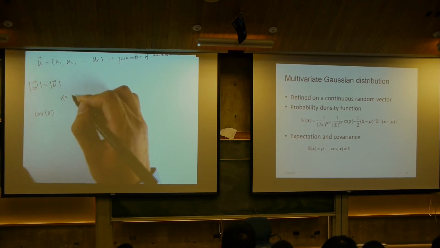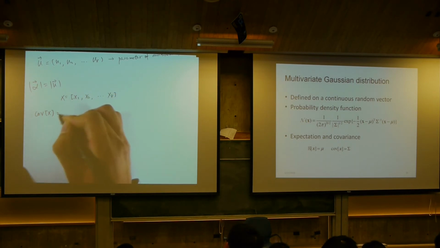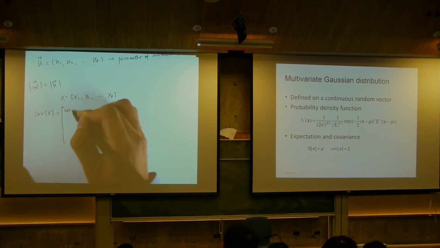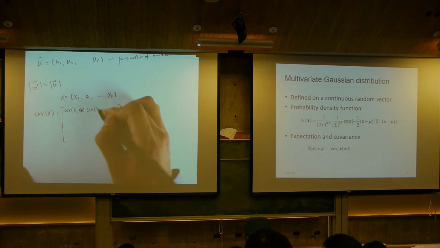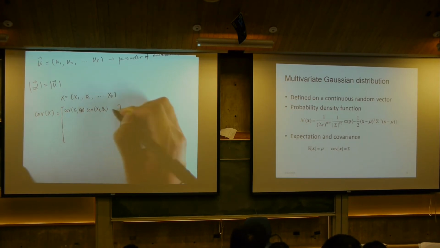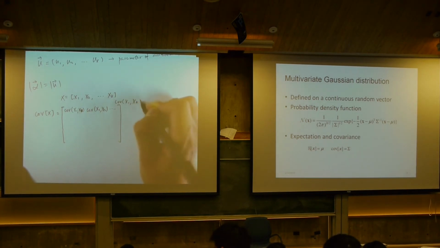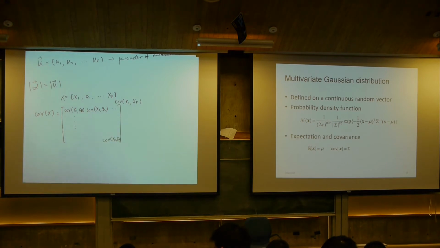Let's say x1, x2, and so on. This is the definition of the covariance matrix.